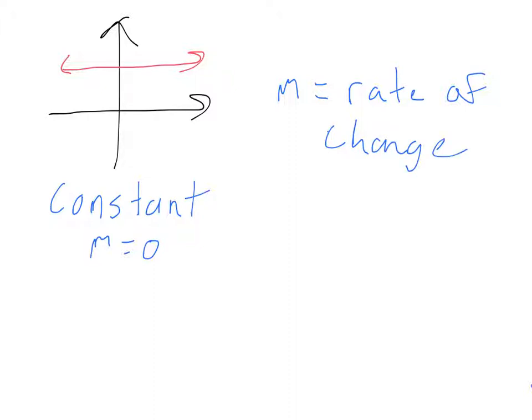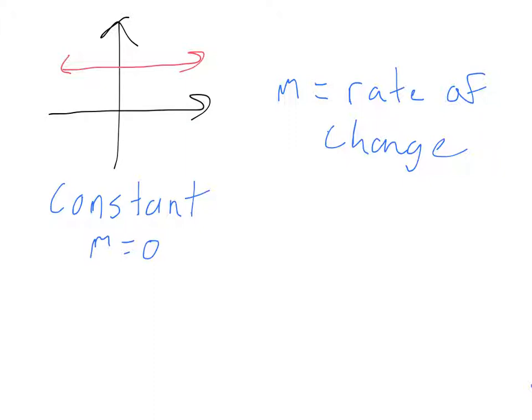A really steep positive function has its y-coordinate increasing very quickly with respect to the x-coordinate. So for a small change in x, you're going to get a really big change in y, and its rate of change is going to be bigger. The same thing is true for a really steep function going down, a steep negative function.